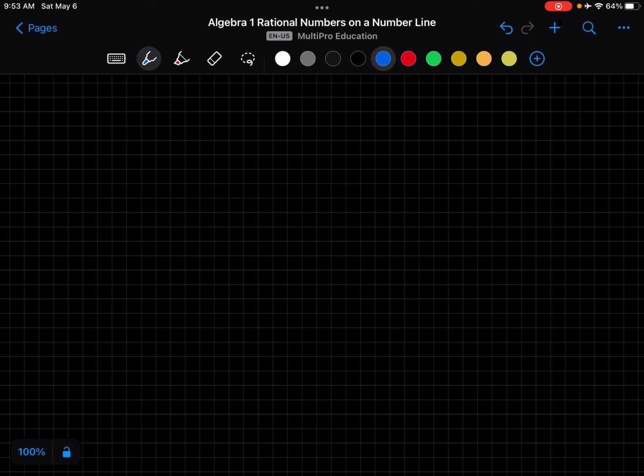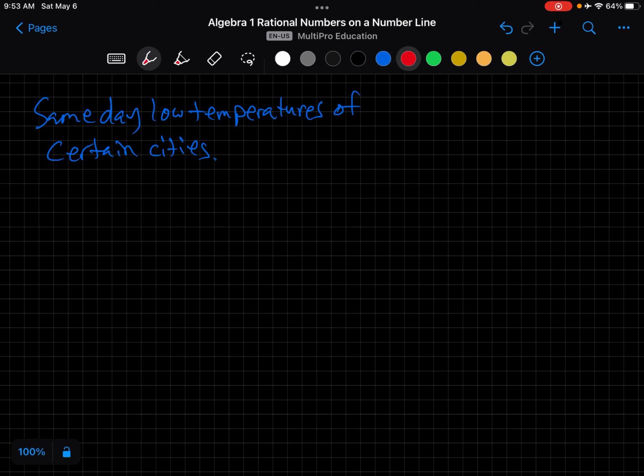Great job. Alright, so let's look at a problem here. We want to look at the same day low temperatures for certain cities. Alright, so what are these cities? And what are these temperatures?